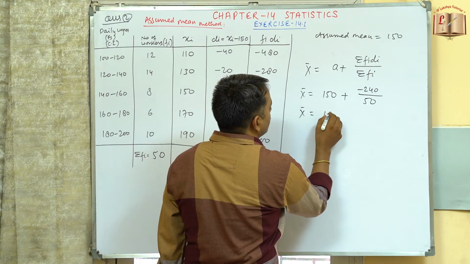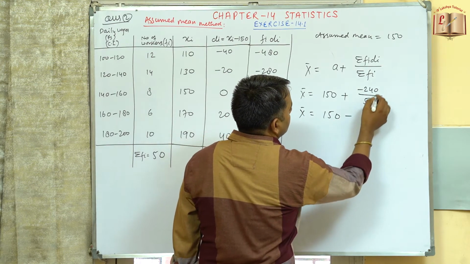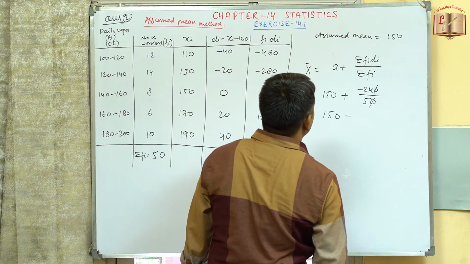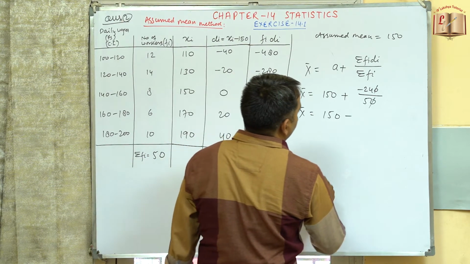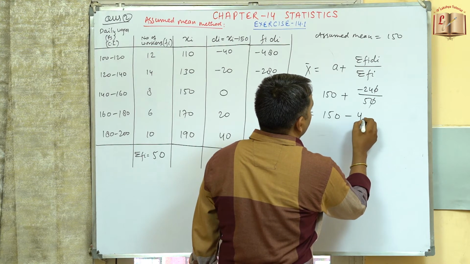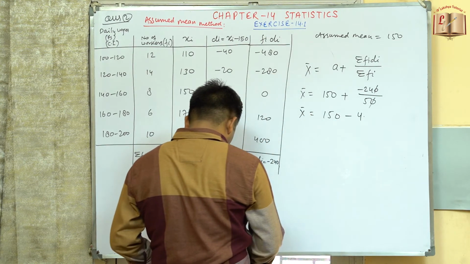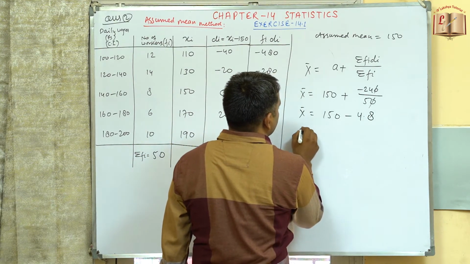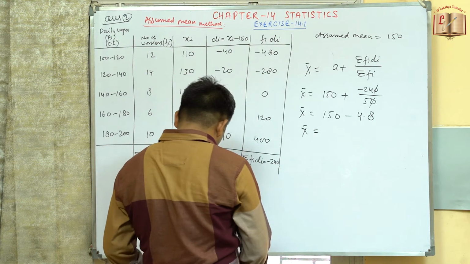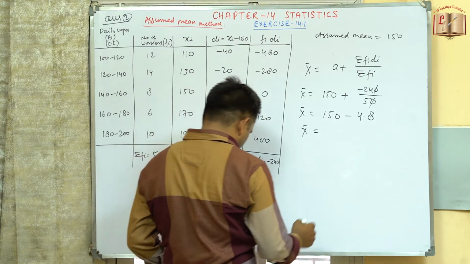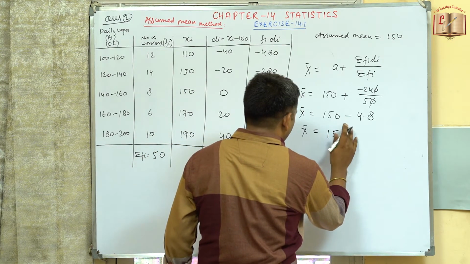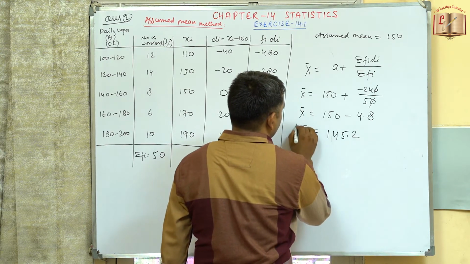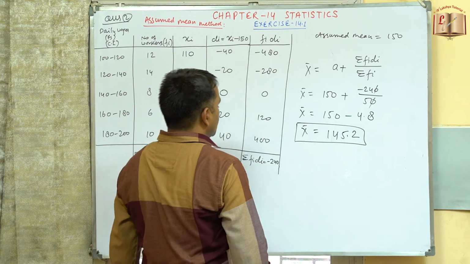So x bar will be equals to 150 minus, the 0 cancels, and we can calculate this. So on 5 times, so this will be 4. So this will be almost 4.8. So x bar, this can be calculated as 145.2.